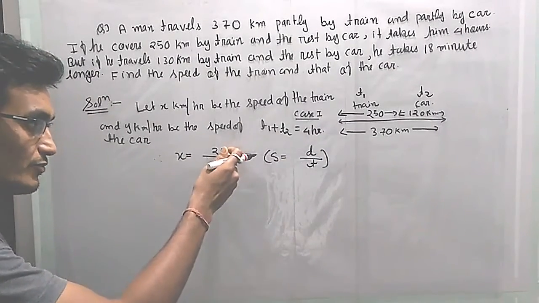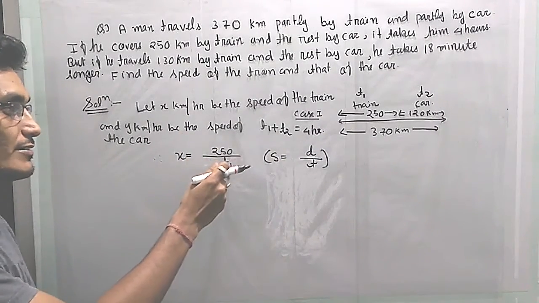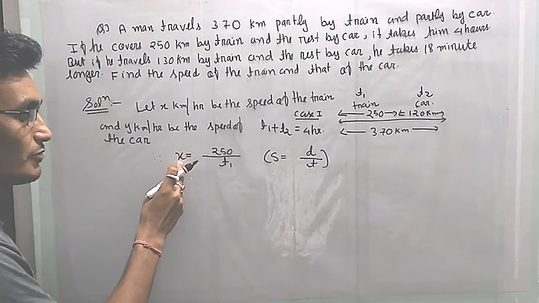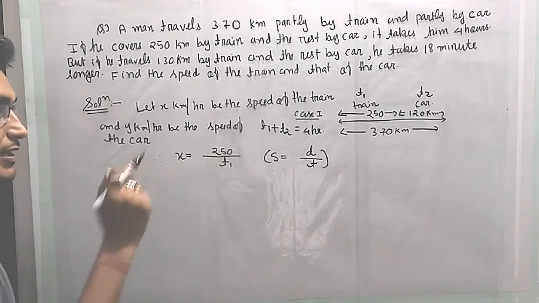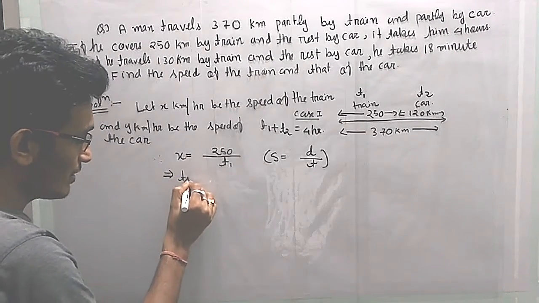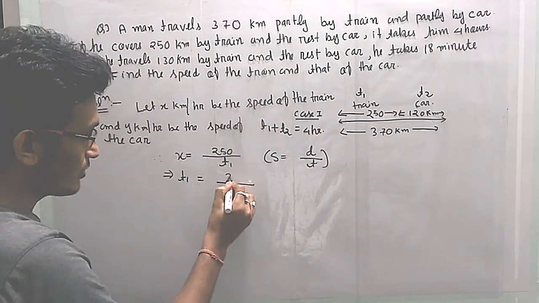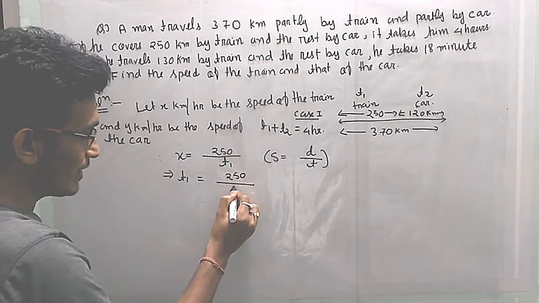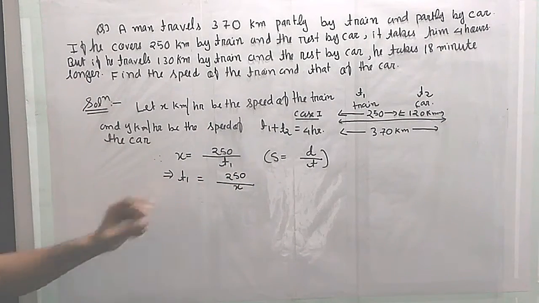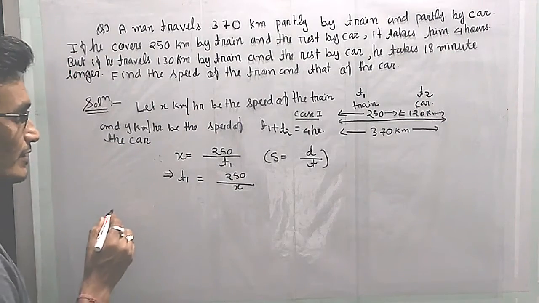Since the distance is 250 kilometer and time taken is T1 hour by the train, the speed of the train should be 250 divided by T1. So from here T1 equals 250 by x.